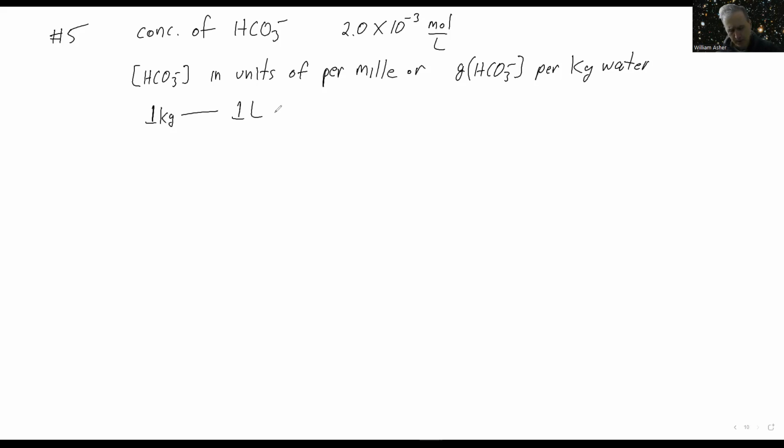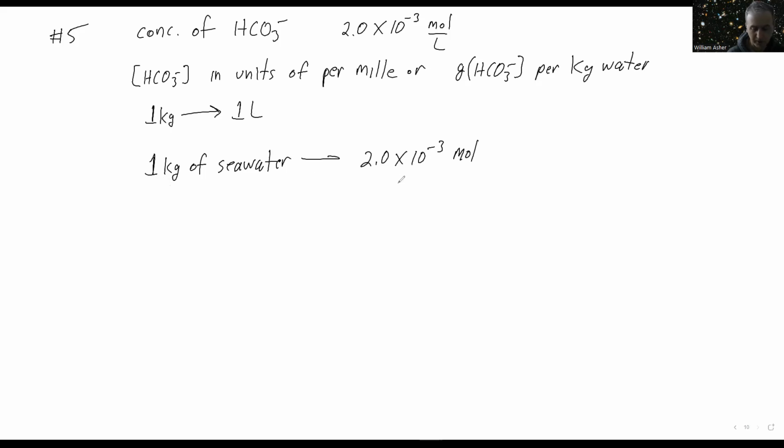Okay. So that means in 1 kilogram of seawater, there is 2.0 times 10 to the minus 3 moles. Why? Because we know there's 2.0 times 10 to the minus 3 moles per liter, and we know that 1 kilogram is equal to 1 liter.